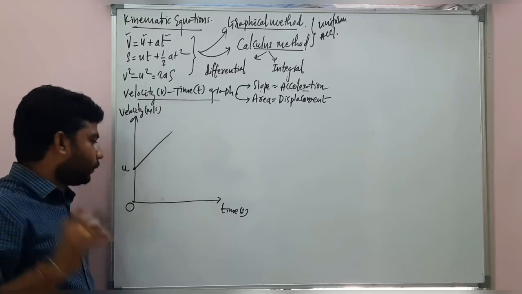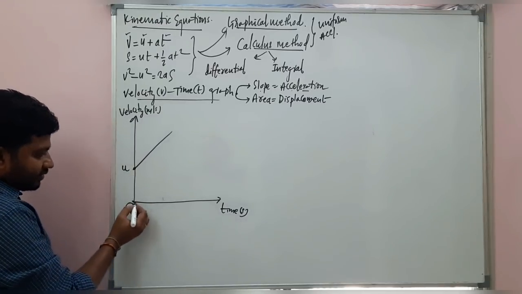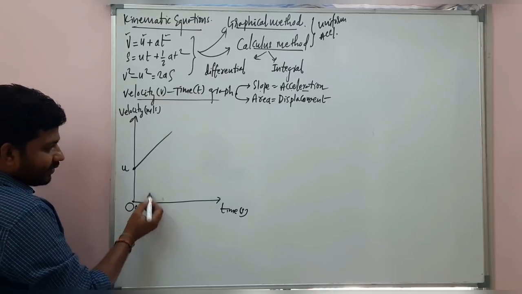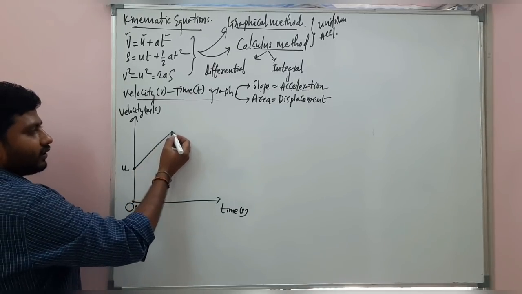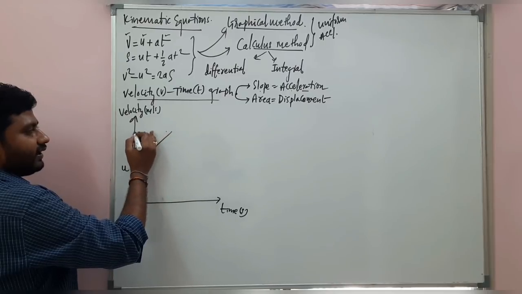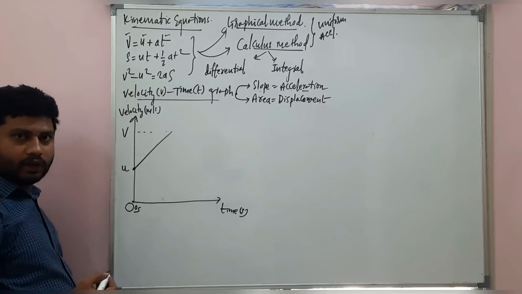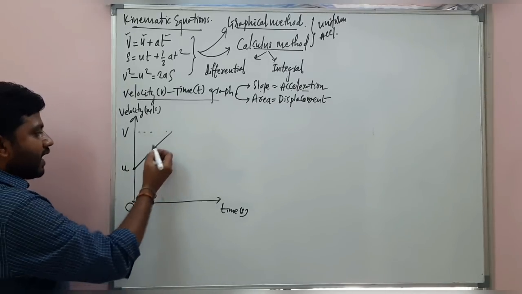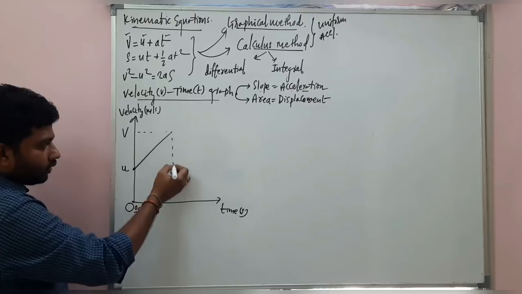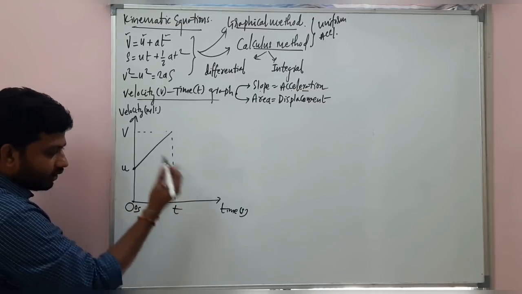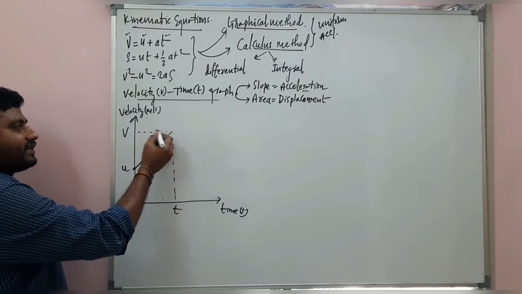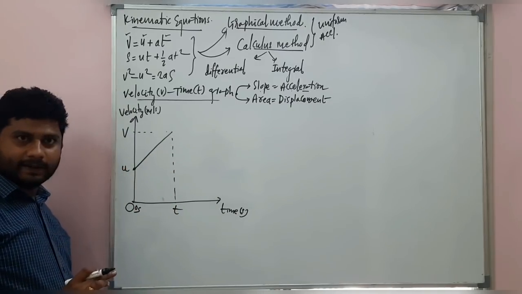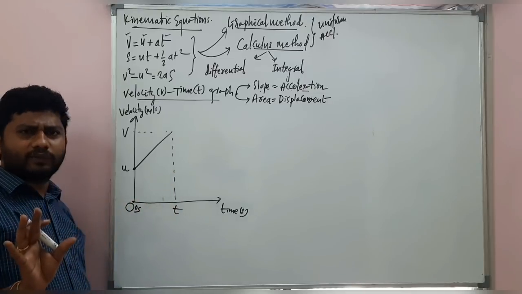At 0 seconds, the body is moving with constant acceleration and reaches a final velocity v. Constant acceleration means the speed increases, and after reaching a time t, the body has acquired a velocity v. Velocity is along the y-axis and time is along the x-axis. That's it. This is the simple graph I am going to take.